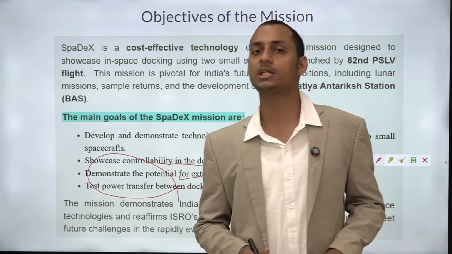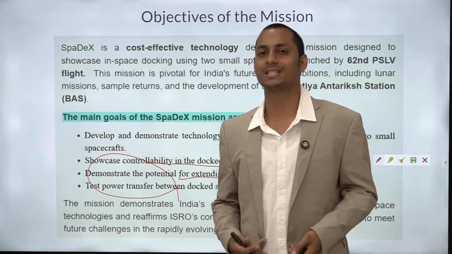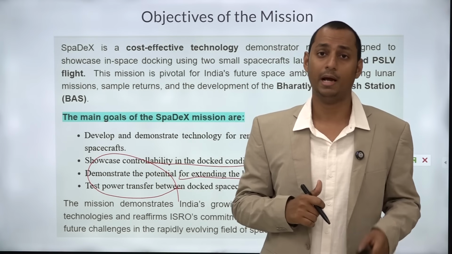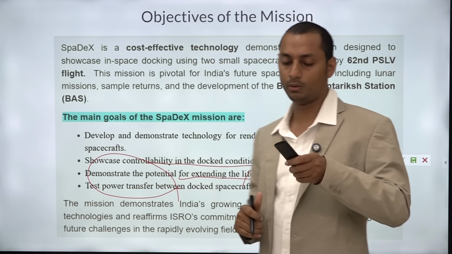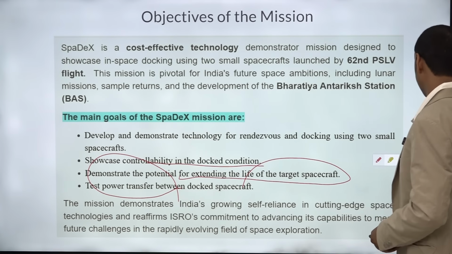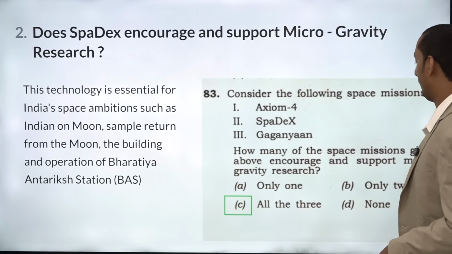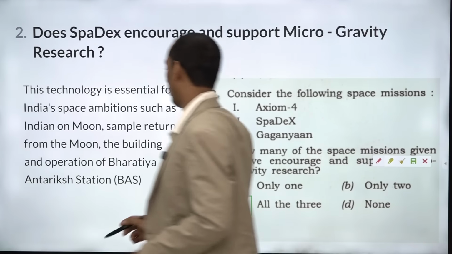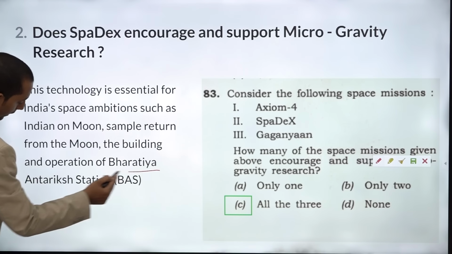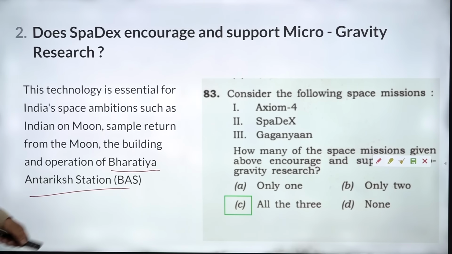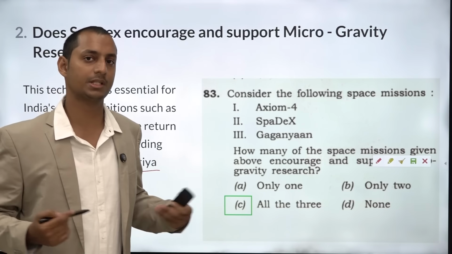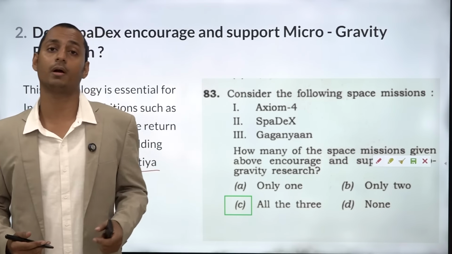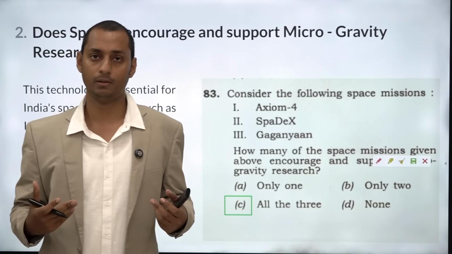But let me tell you, why are we actually testing SPADEX? It's because of our long-term mission, right? And what is the long-term mission? The long-term mission is the Bharatiya Antariksh Station, right? India is going to build its own space station named the Bharatiya Antariksh Station. And in this space station that we are going to build, we are going to conduct many tests regarding microgravity, right?